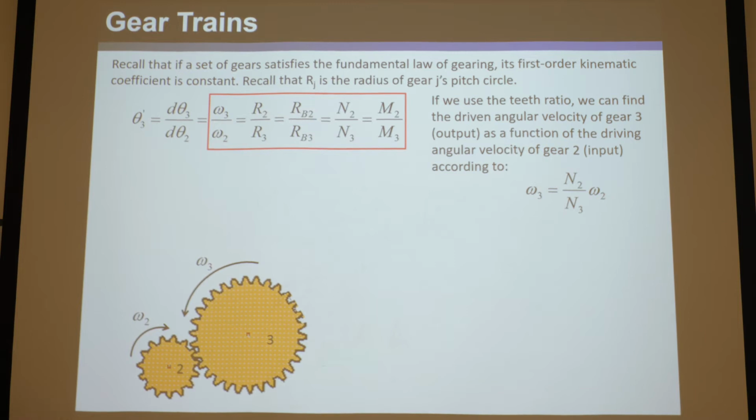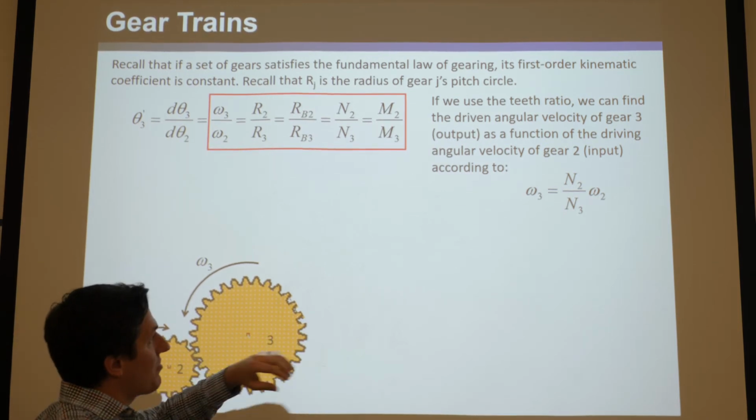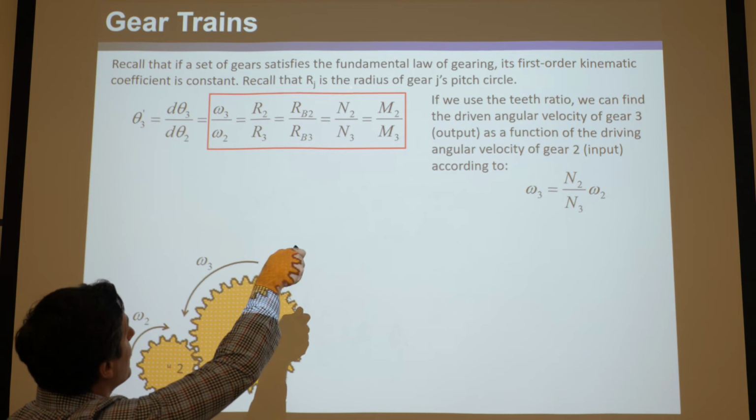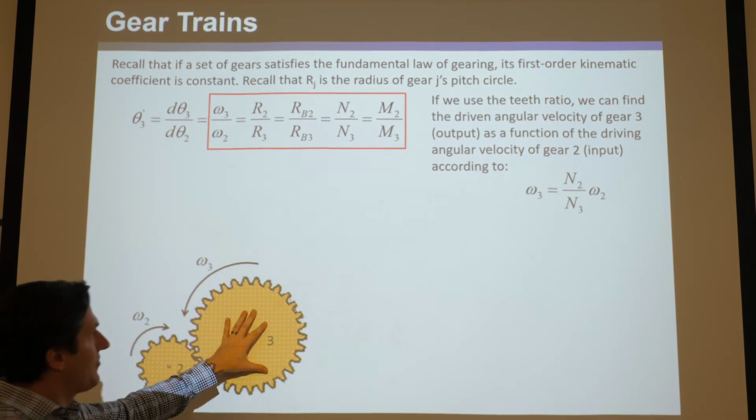So remember, of all these ratios, if I just handed you a gear set and I said, find the angular velocity ratio or find the moment ratio, you're not going to want to be measuring the radius, circumference, diameter of either the pitch or base circles. You're going to want to count the teeth. So if you just count the teeth on 2 and divide it by the number of teeth on 3, then you're going to get this ratio, times it by omega 2 right here, and you get omega 3.